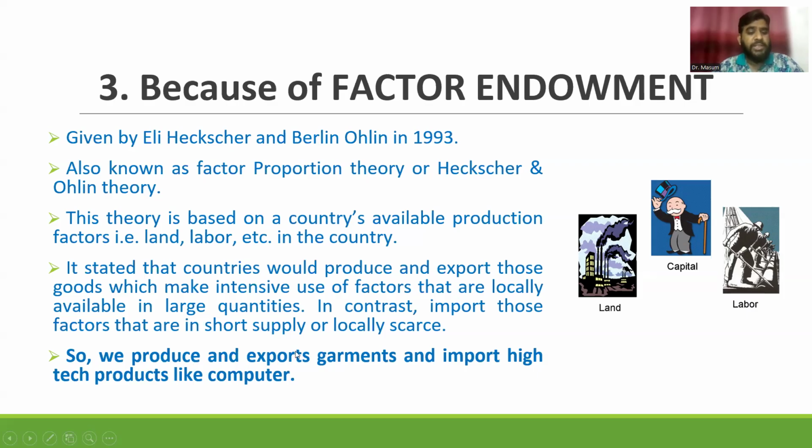So we will produce and export garments, which is happening and will continue for many years, and import high-tech products, say, for example, computers. Our country's factors of production are not capable of producing high-tech products. We cannot produce Microsoft Office. We cannot produce Windows. We cannot produce computers.